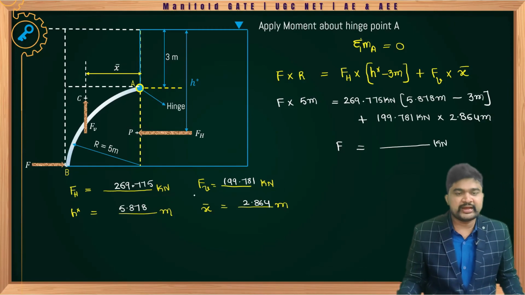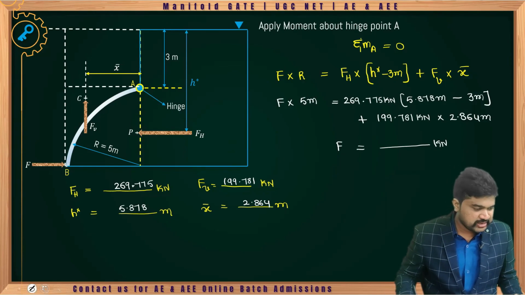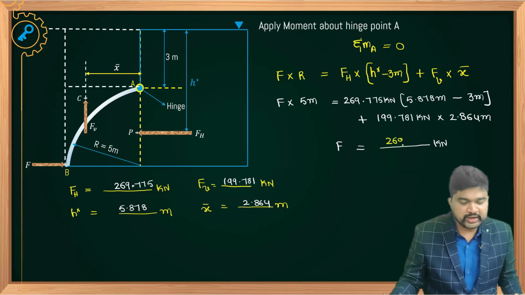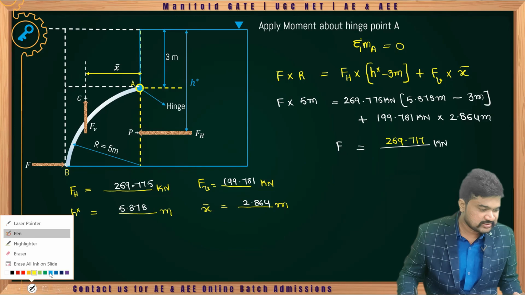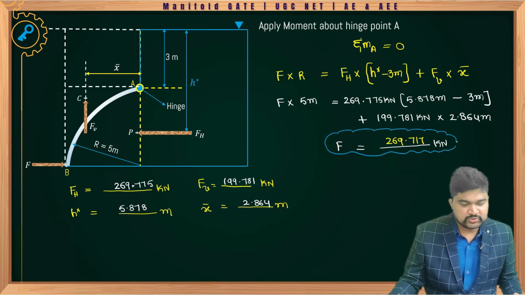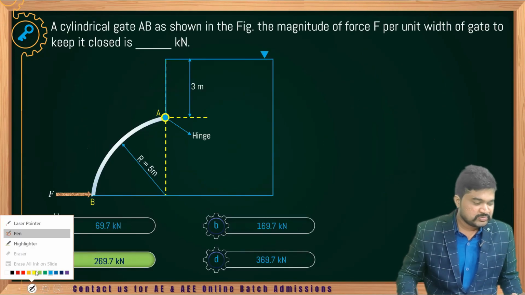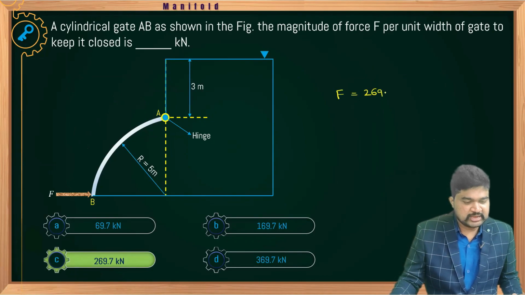So finally, we get 269.717 kilonewton. That is the answer. So F equals 269.717 kilonewton.